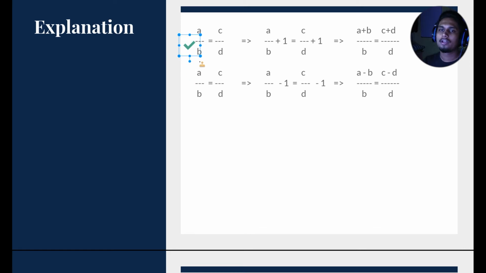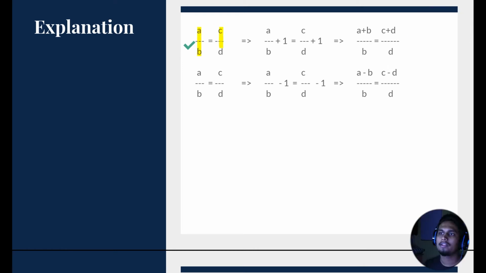So first one is the Componendo rule. Here you can see that we have a by b and c by d. Now if we add 1 on both the sides, you will get a plus b by b and c plus d by d.